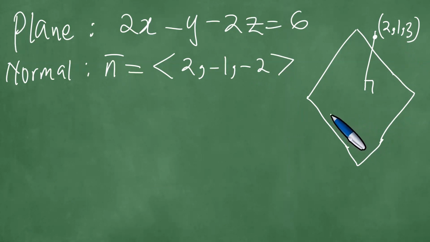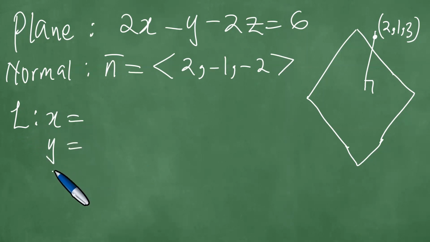Okay, now to find the point, we first find the equation of a line that passes through this point and is perpendicular to the plane. To find that equation, we use x equals, y equals, z equals.